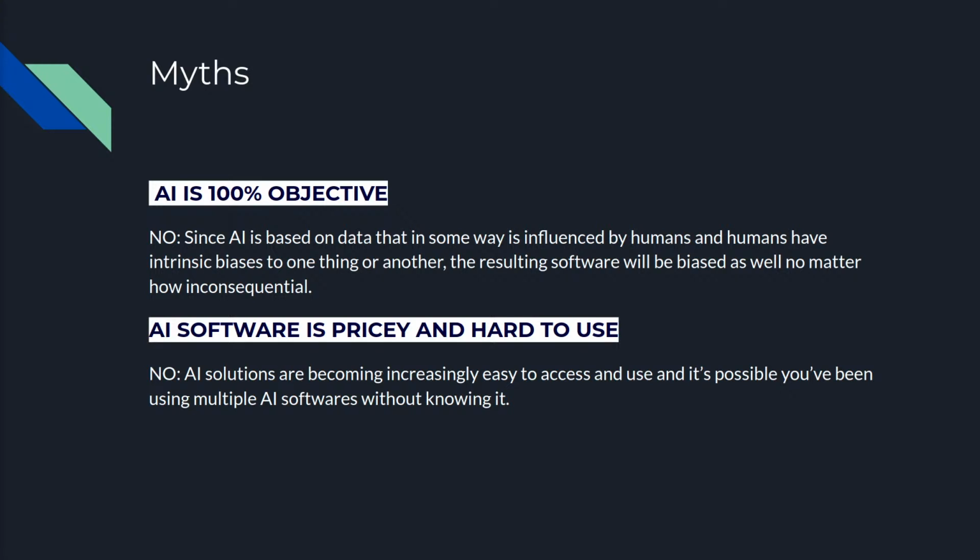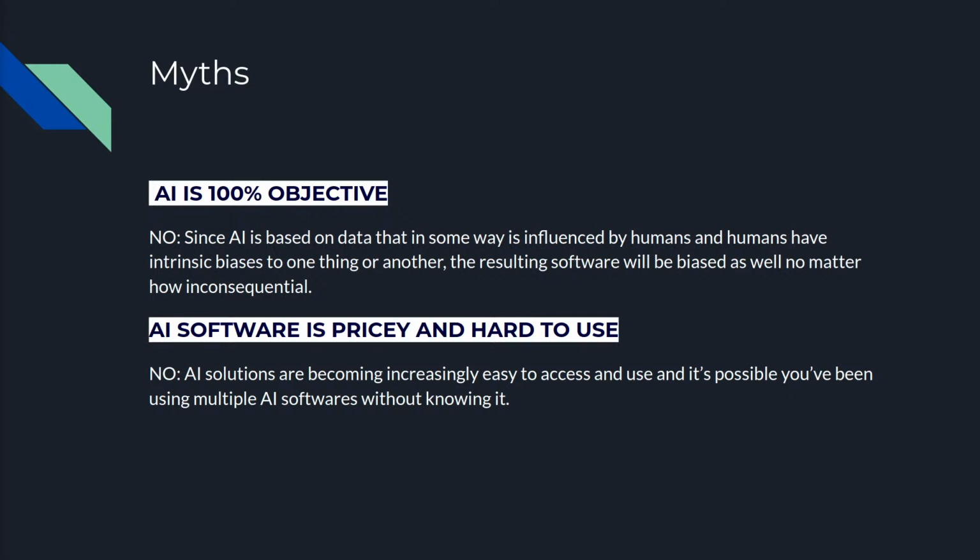So let's talk about the next myth we have. AI is 100% objective. This is clearly not true, as we've talked about in the last session, and as Benjamin has just mentioned. Since AI is based on data that is in some way influenced by humans, it has intrinsic biases. Humans do tend to favor one thing over the other, and this shows in any data that has been influenced by humans.